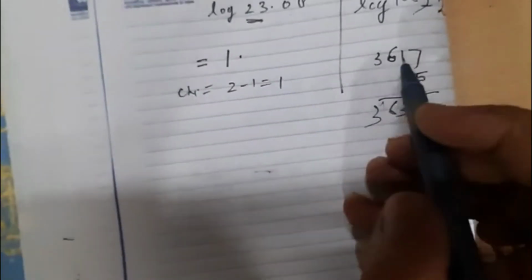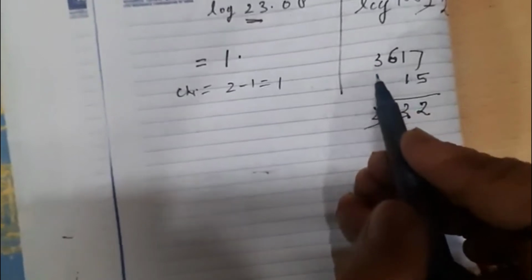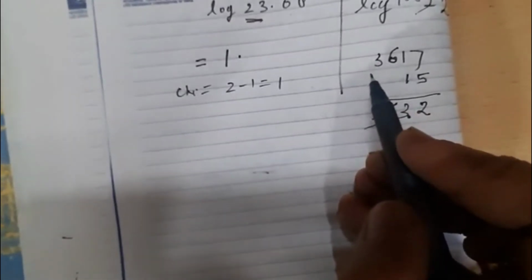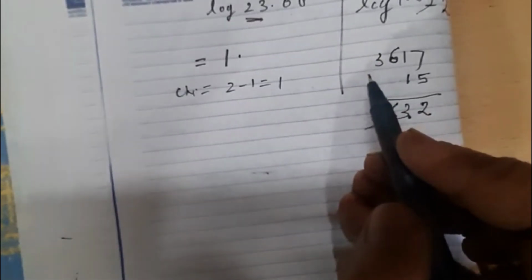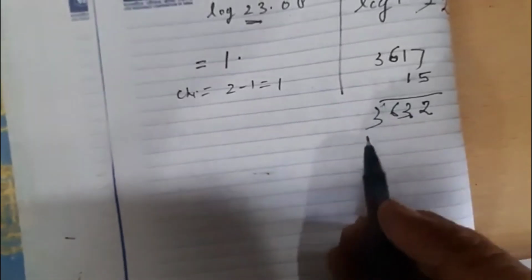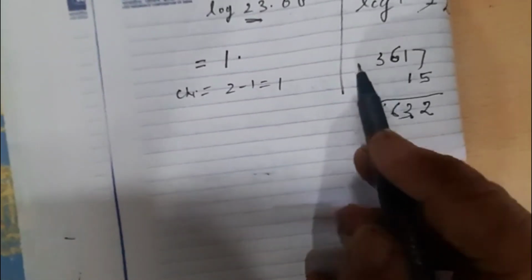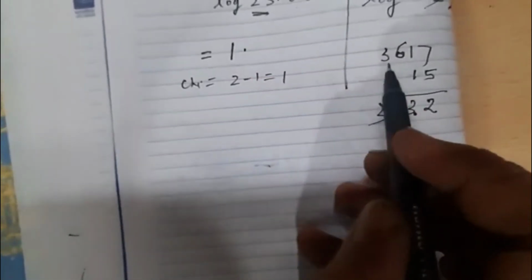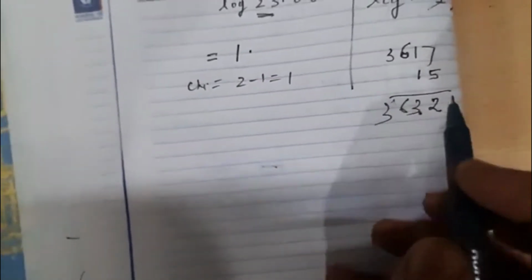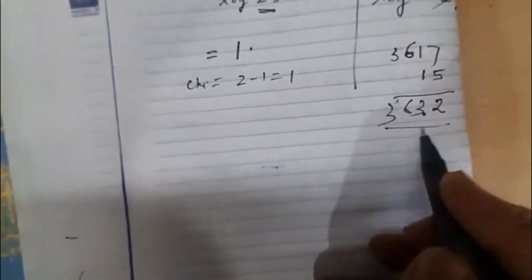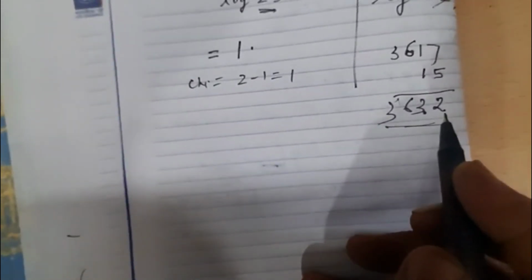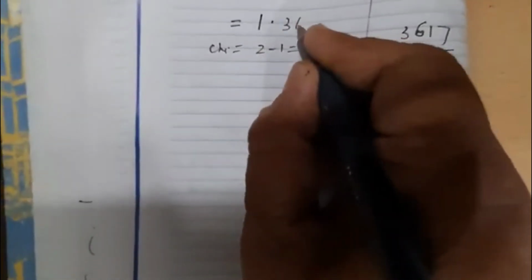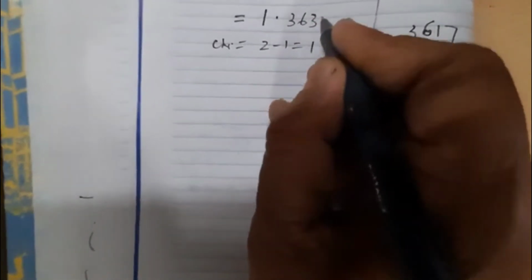Here we first see the value in the table. You can open your table also. We find the value 3617 at 23 below 0, and the mean difference is 15. Then the final value is 3632.